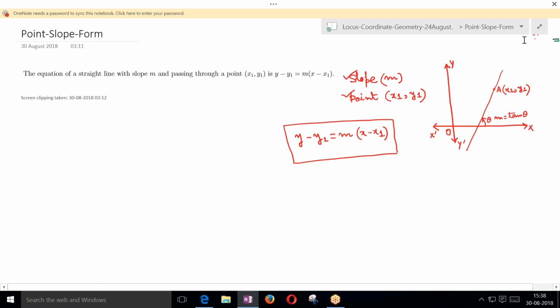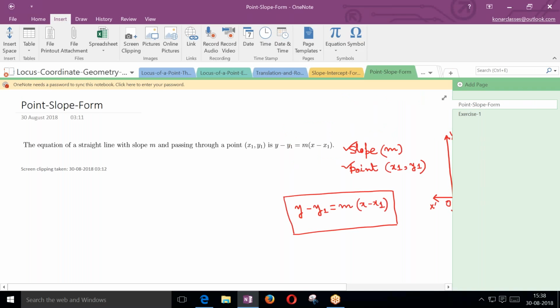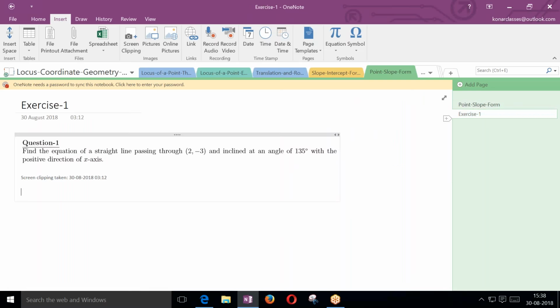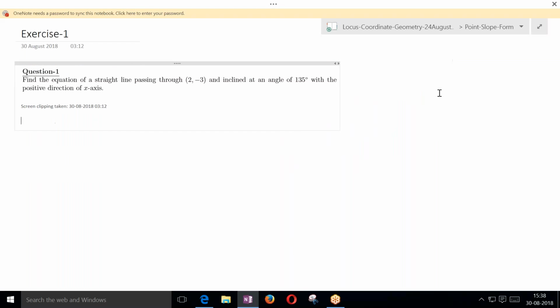Okay, so now let's solve a problem together, so that it will be more clear. We can realize whatever we understood. Here is the question: find the equation of a straight line passing through the point (2, -3) and inclined at an angle of 135 degrees with the positive direction of the x-axis.